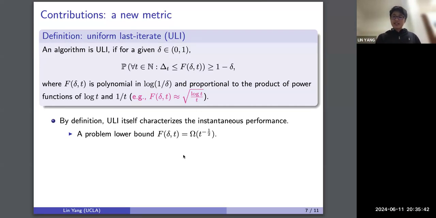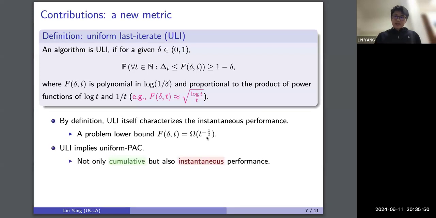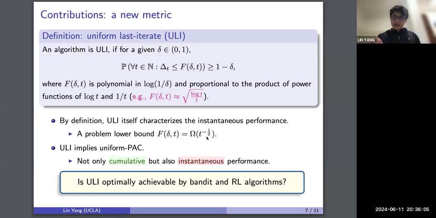So if you have an algorithm that achieves something like square root of 1 over t, then that's nearly optimal. Now we're going to seek an algorithm that can achieve this. If it achieves this guarantee, it not only achieves the cumulative guarantee, but also the instantaneous guarantee. Okay, it's good.